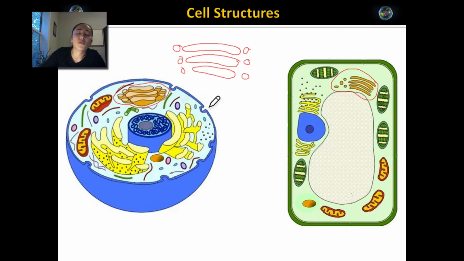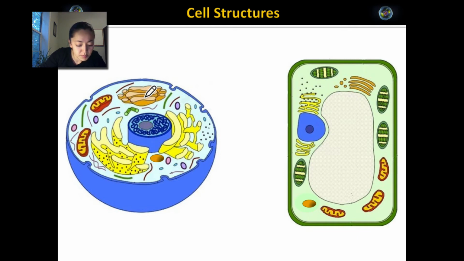The role of the Golgi bodies is that lipids that are made in the smooth ER and proteins that are made in the rough ER go to the Golgi, and from there they're modified and packaged and then secreted from the cell, or in other words, sent out of the cell.